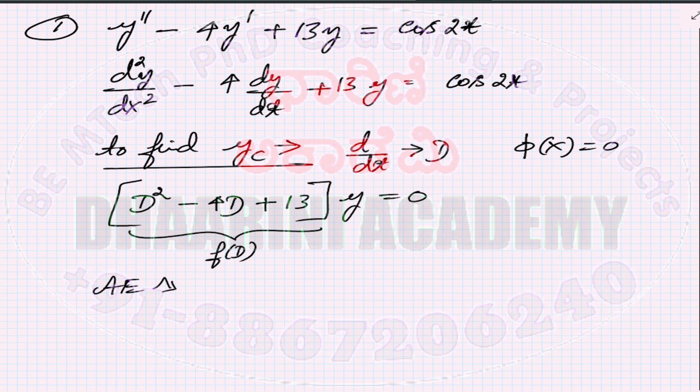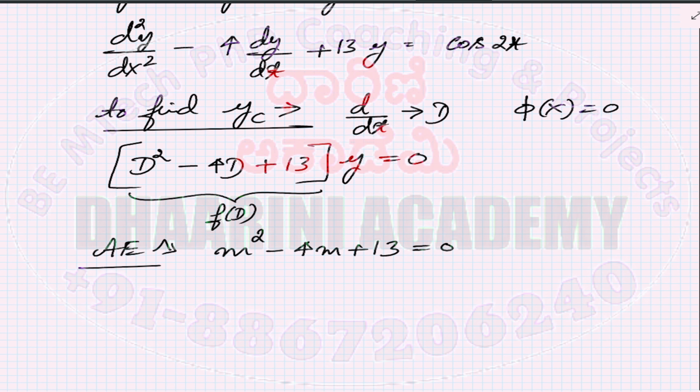A is given by, for this case, replace d by m, so m square minus 4m plus 13 equal to 0. Okay, so let me think of factorizing it. I think factorization is not possible because I have to get a 13 as a product. Okay, so I will go with the formula method.